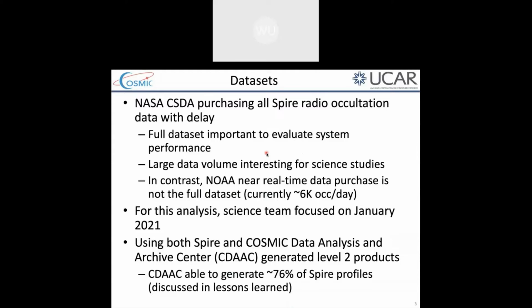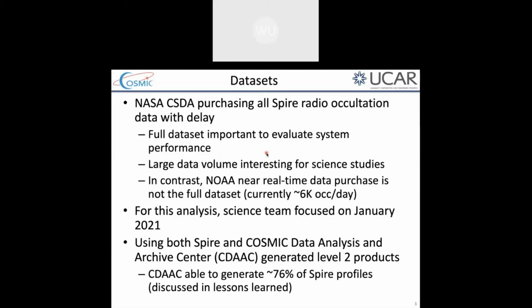All right, so we've been quite interested in the CSDA purchased Spire data. One thing that's very nice about it is that it's, I believe, the whole data set, everything that they are collecting from the Spire constellation. So it should really give you a representative view of the performance of the constellation. I'll just point out, this is in contrast to the NOAA purchased Spire data, which we also process in near real time for operational and science users, but that is a subset.